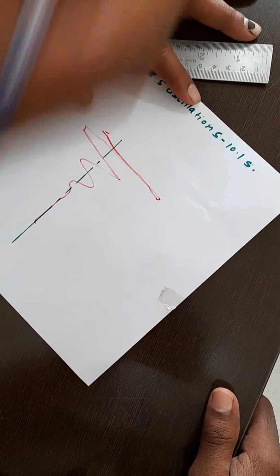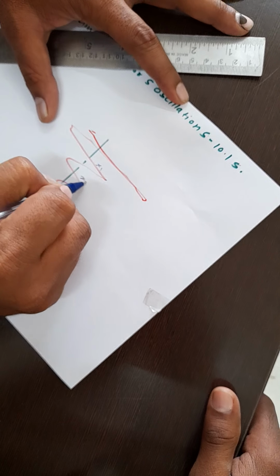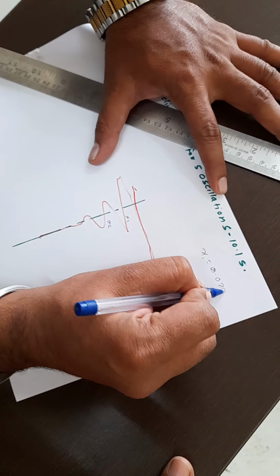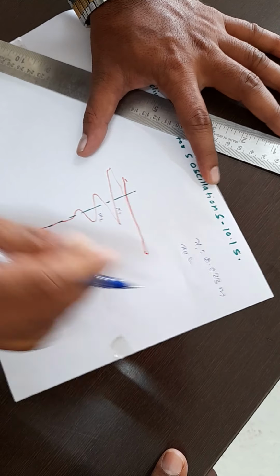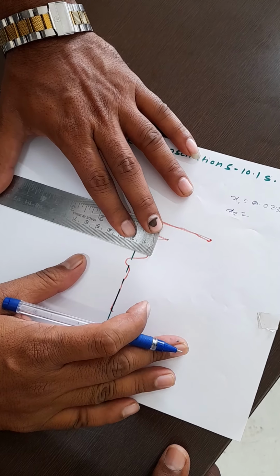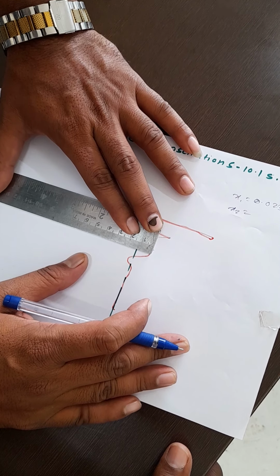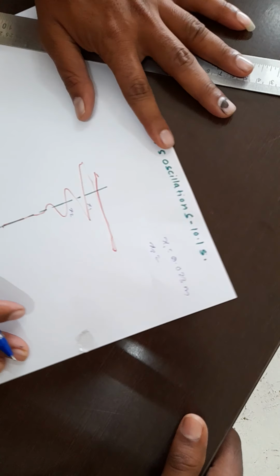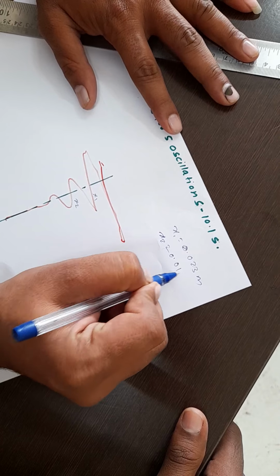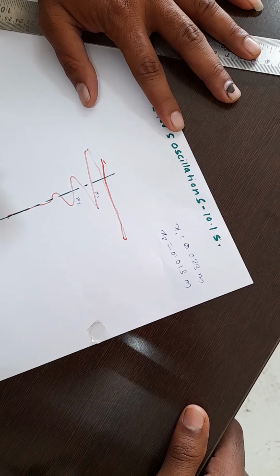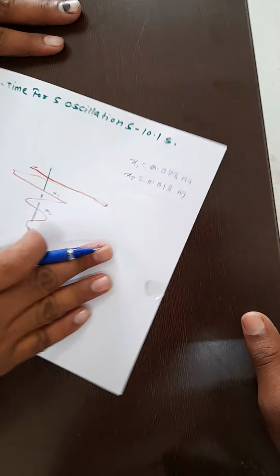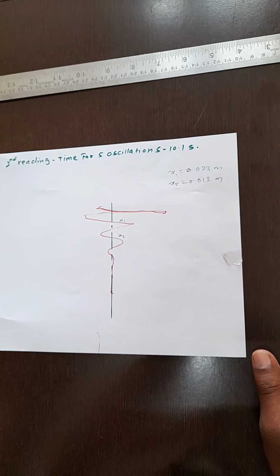So this is x1, this is x2. So x1 is equal to 2.3 centimeters, that means 0.023 meter. Likewise x2, if you calculate the x2, x2 becomes 1.3 centimeter. That means 0.013 meters. Likewise you can calculate. Note down this reading also. You require it for the further calculations.